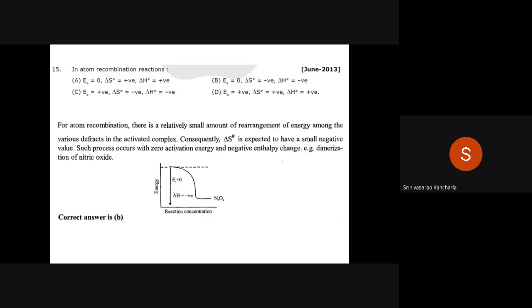The hint is that for atom recombination reactions, the activation energy is zero. Why is it zero? With a better pictorial representation, I will collect some information. Here only the statement is given. I tried to find a better pictorial representation, but due to insufficient time I could not.